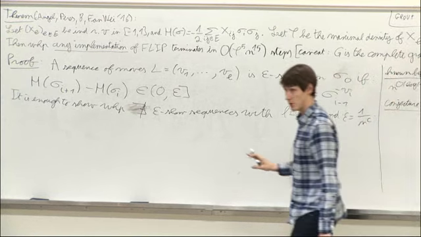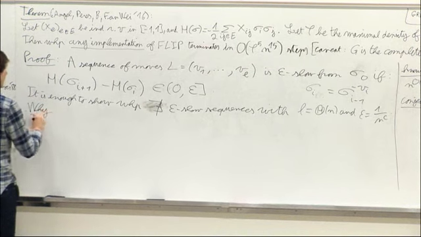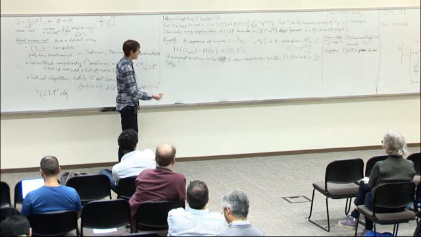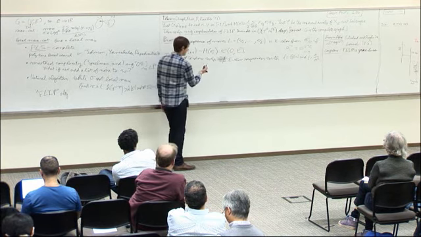Why? Okay, so let's assume that this is the case. Let us assume that there does not exist epsilon slow sequences, which are long and do not improve.